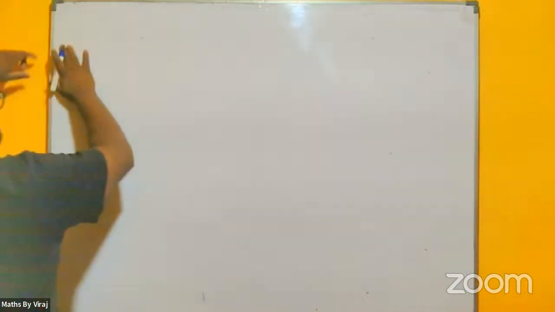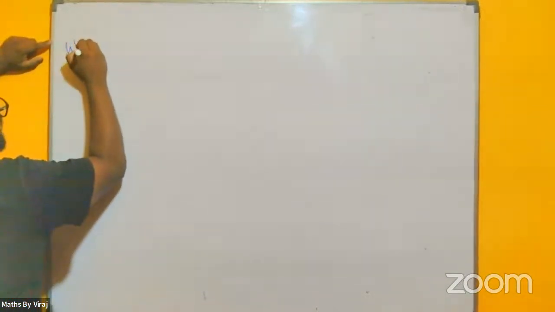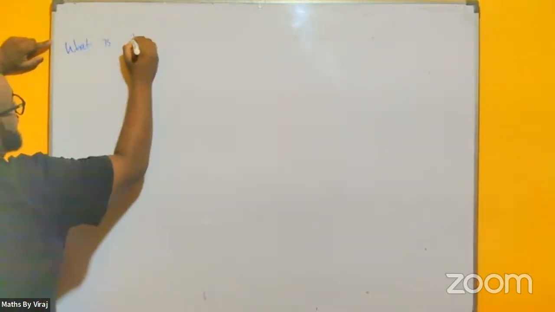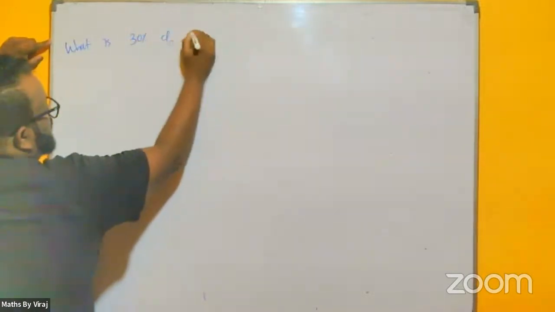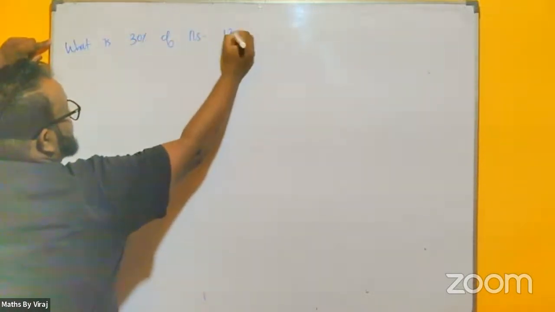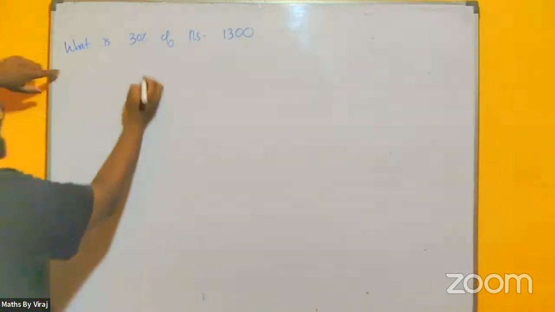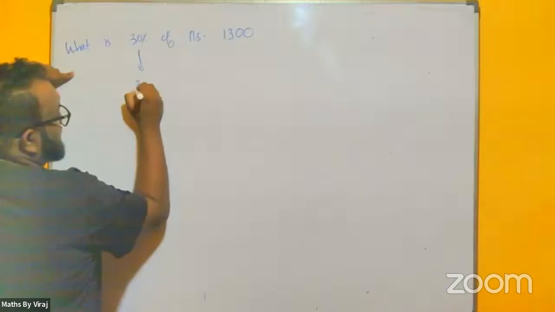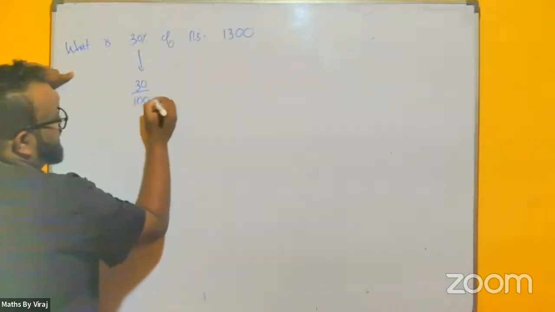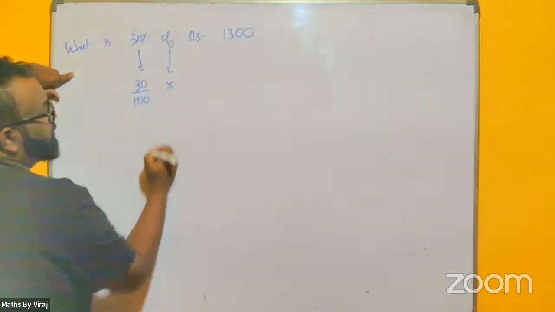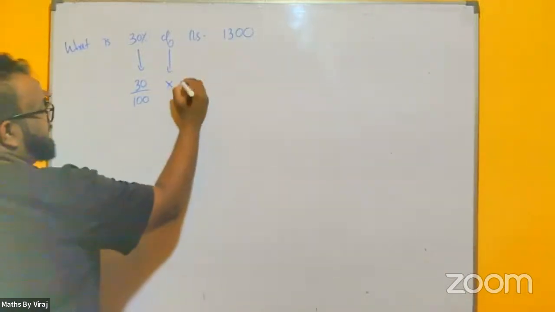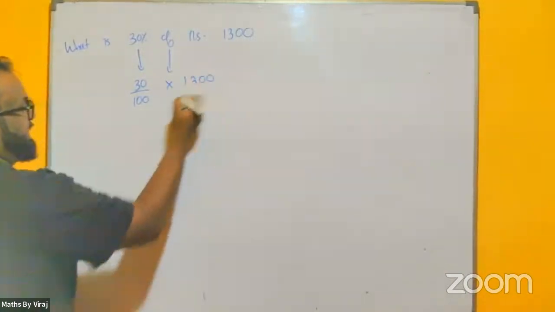Let's say, what is 30% of rupees 1,300? What do we write? So we convert 30% to a fraction, 30 over 100. Of into multiplication and 1300 the way it is.